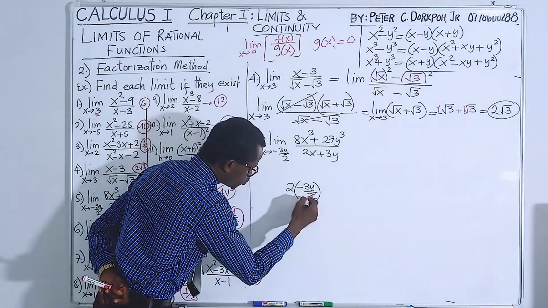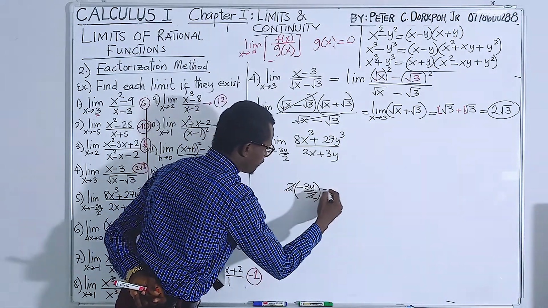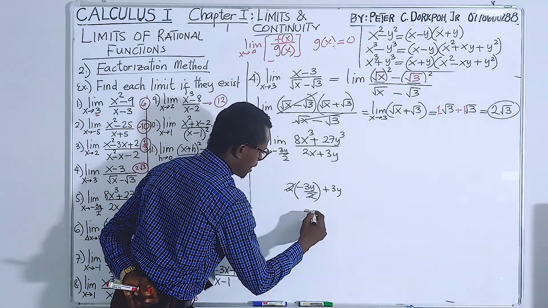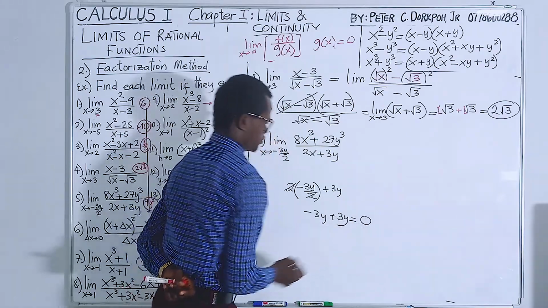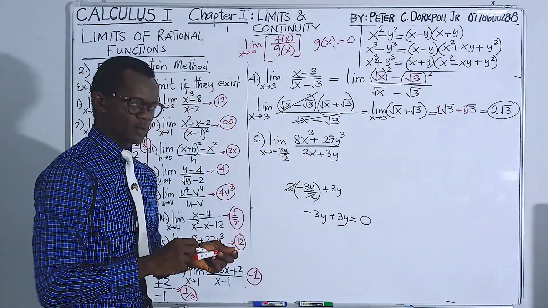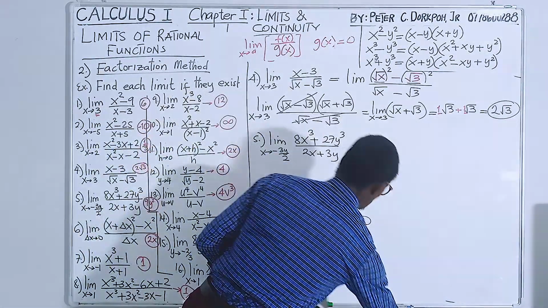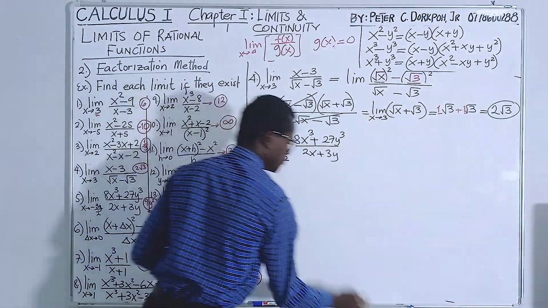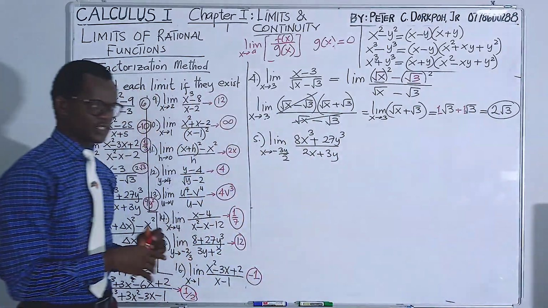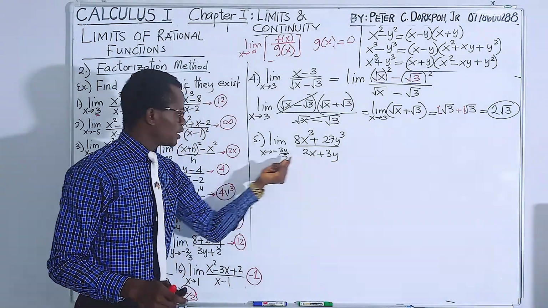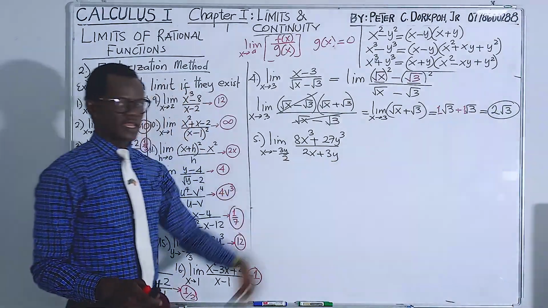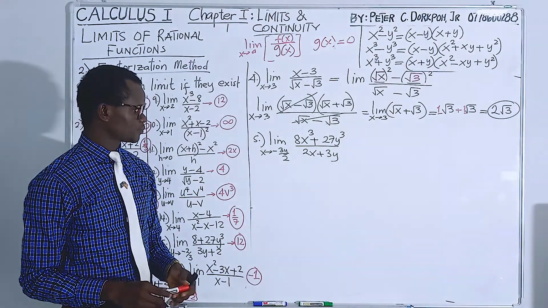You observe that this 2 and this 2 will cancel, right? And then you have plus 3y. So minus 3y plus 3y just gives us 0. So we want to avoid 0 within the denominator. Because of that, we say let's see how best we can factorize the expression so that this denominator that is making this thing 0 when we apply the limit directly can be eliminated.